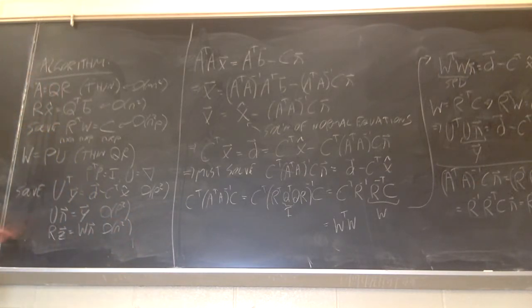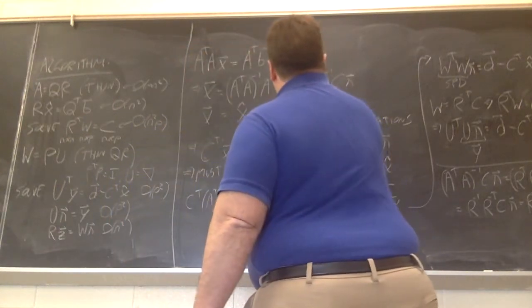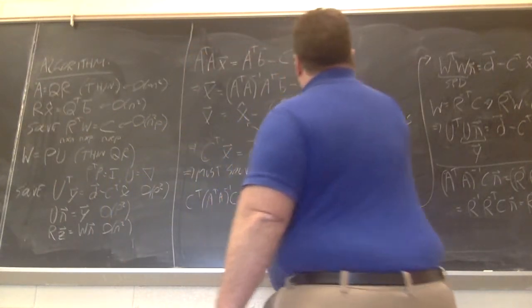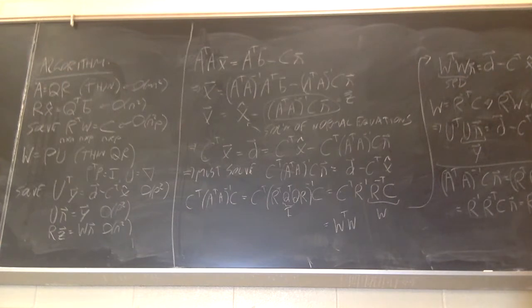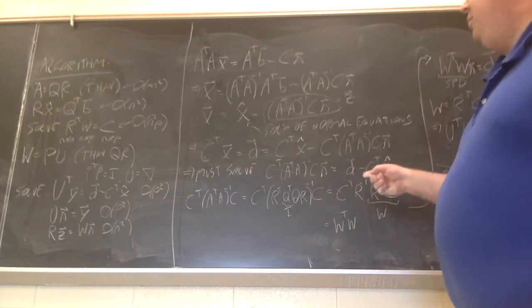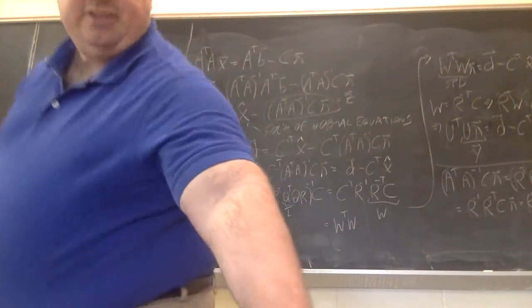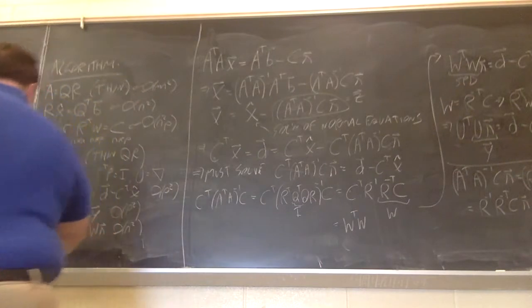So now, this right here, that's my z vector. So my solution to my constrained minimization problem is x is equal to x hat minus z. So I can fill that in as the final step in my algorithm.